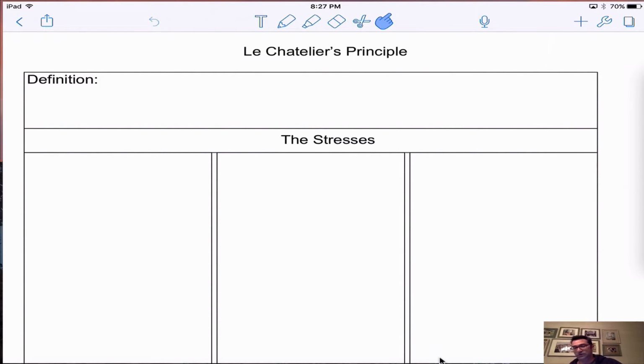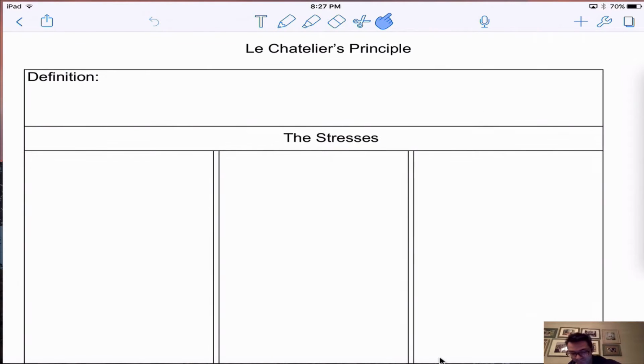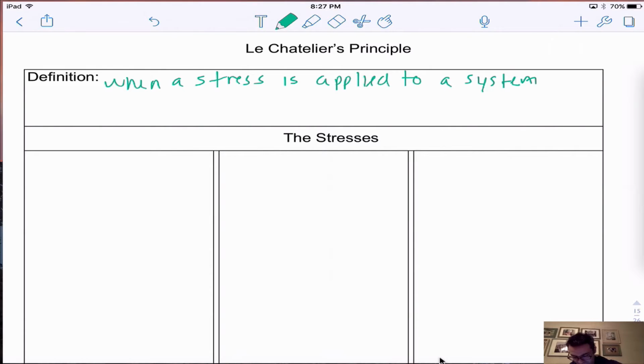And so the definition of Le Chatelier's principle says that when a stress is applied to a system, the system will react to counter that stress.